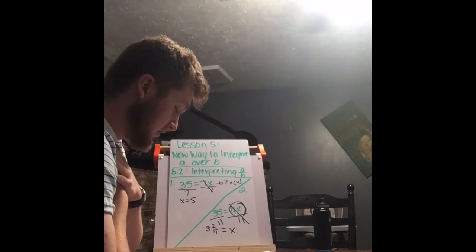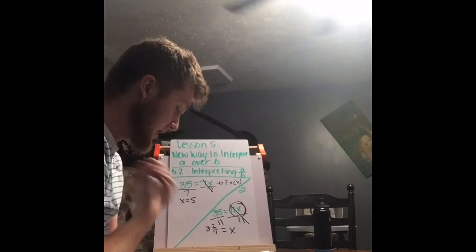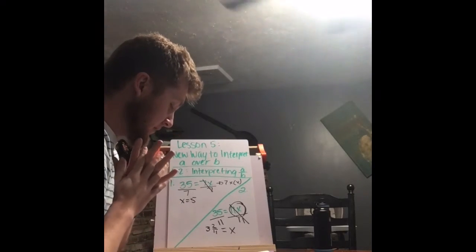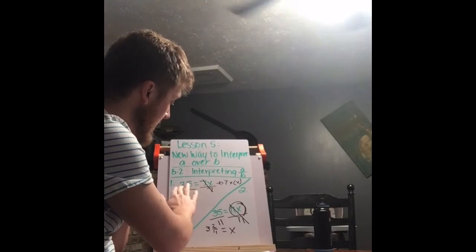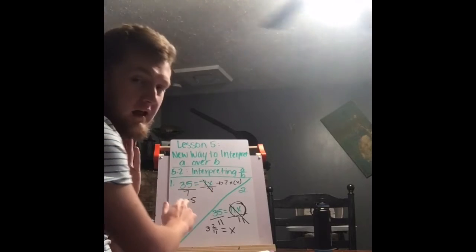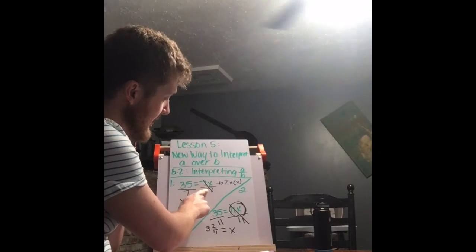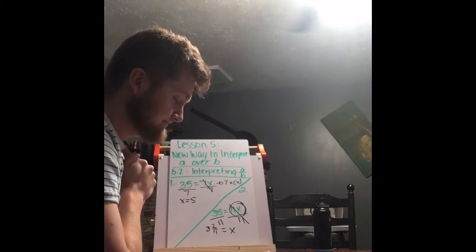What we're doing is the same ideology and thought process, except we're now taking A, which would be the total, and dividing it by B, which would be the number we're trying to get away from x.